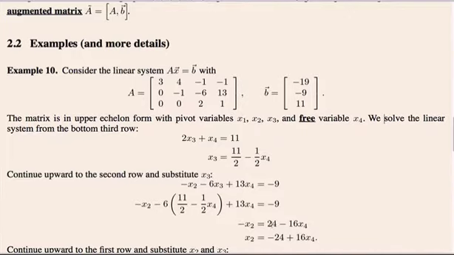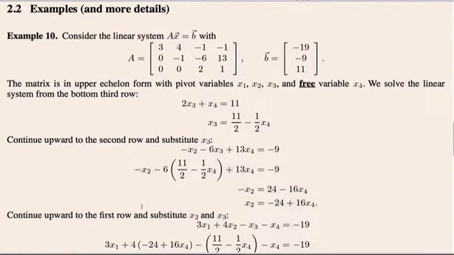What we get is -x2 = 24 - 16x4, or x2 = -24 + 16x4. And from the second row, notice again that this is a pivot variable in terms of the free variable x4, a non-pivot variable. Then we continue going upwards, so from the second row we go to the first row.